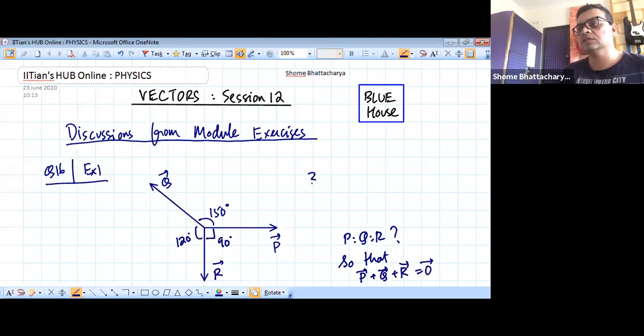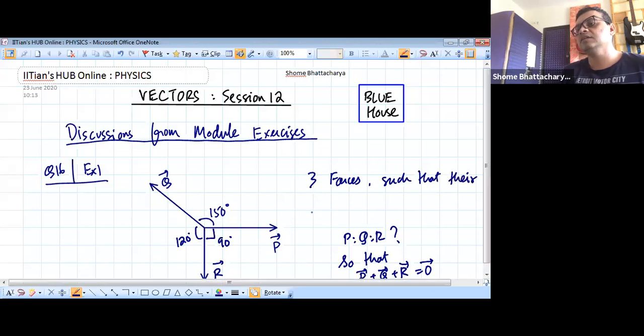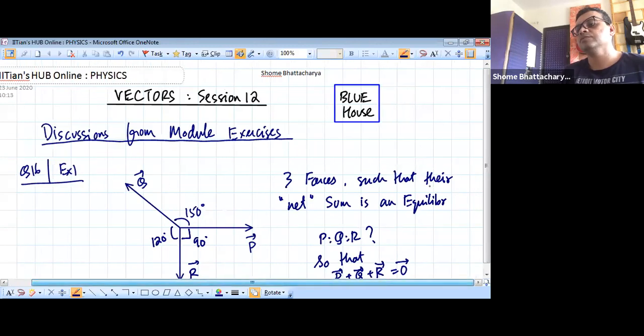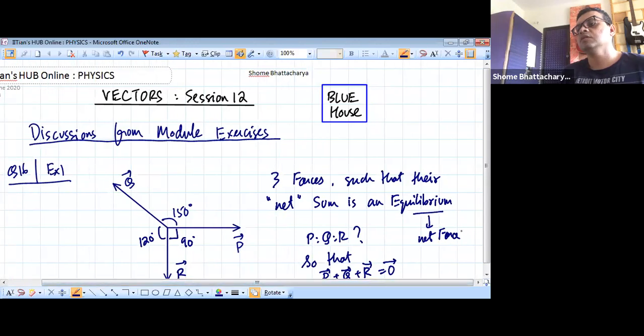These are three forces such that their net sum is an equilibrium. So what does equilibrium mean? That net force is 0. Okay, that is the meaning of equilibrium. So this basically means that net force should be 0. So that is where this statement comes in.